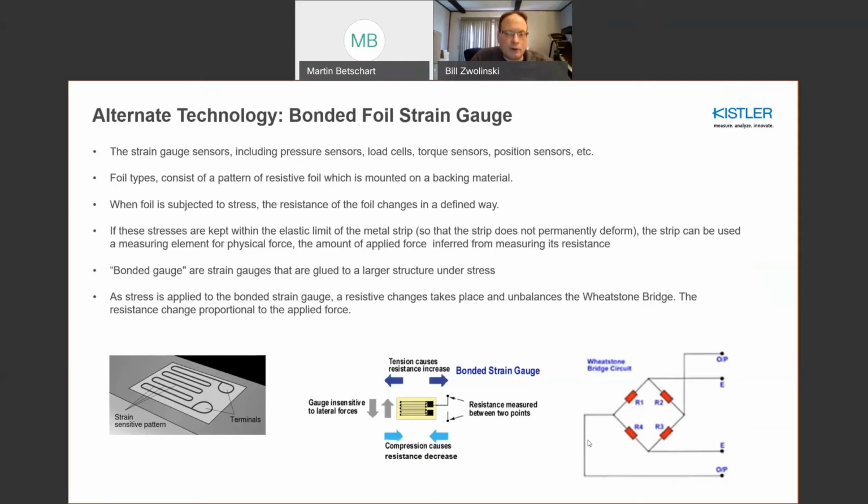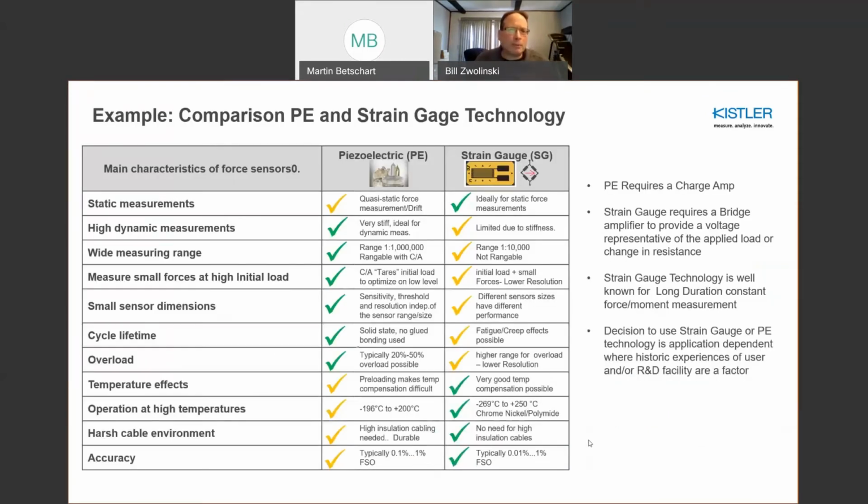Very commonly used, and I'm often asked, well, Bill, can you make a comparison? It's often hard to make comparisons between strain gauge and piezoelectric, but I took a shot here. It's always application dependent. Fundamentally, where strain gauge comes in is on the long-term measurements for static force.